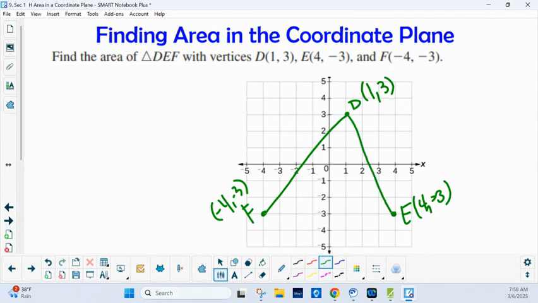Now on a triangle, you can choose any side to be the base. But looking at this one, what side do you think might be the easiest base to use?